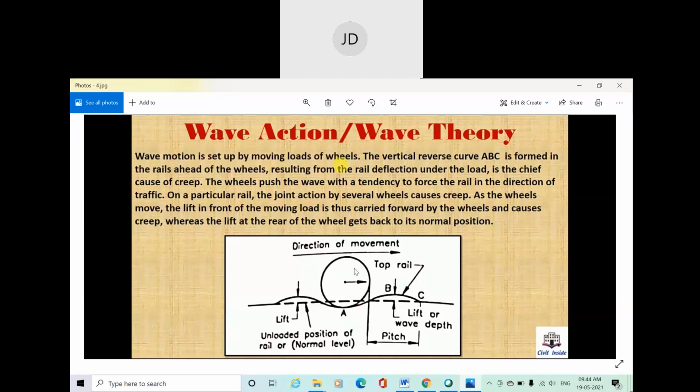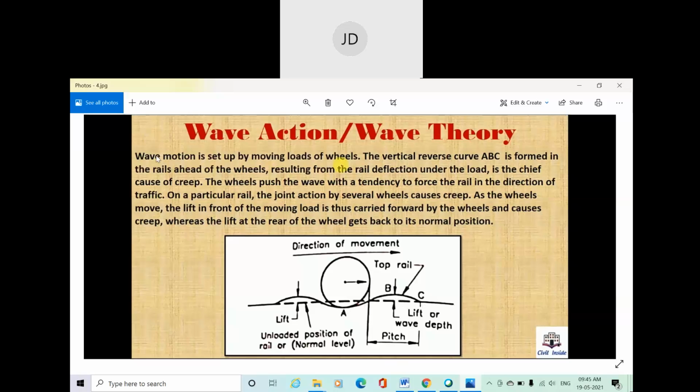It also depends on the speed of the train and the weight coming on the wheel. We are not going into the very detailed mechanism of that, but to understand creep, we are giving this. Because of this wave action, it tries to push the rail in the forward direction.